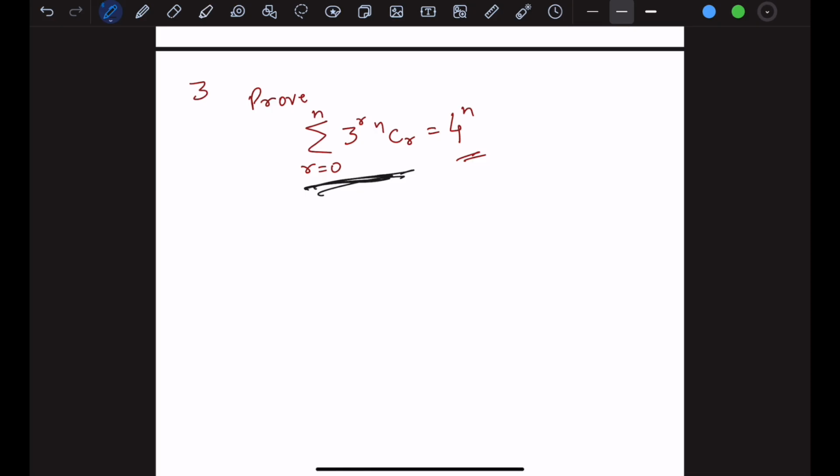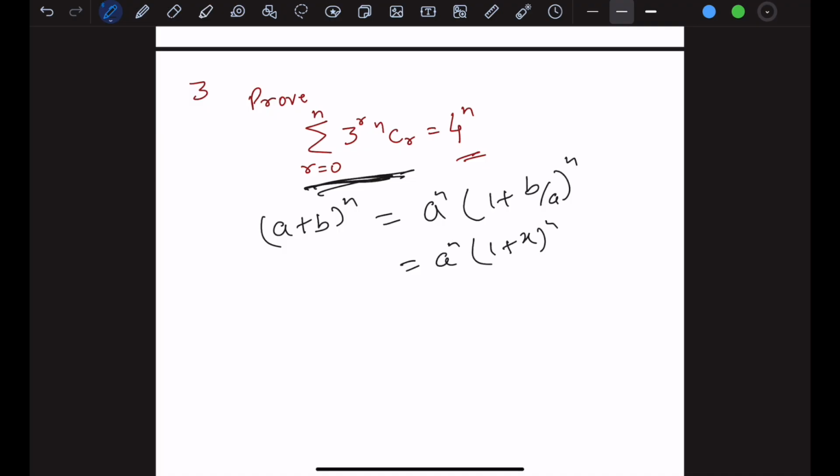And in the binomial theorem, (a plus b) to the power n can be simplified as a to the power n (1 plus b by a) to the power n, which, if we replace b by a equal to x, can be simplified, and we take out a to the power n, or we don't leave it, we can just write (1 plus x) to the power n.